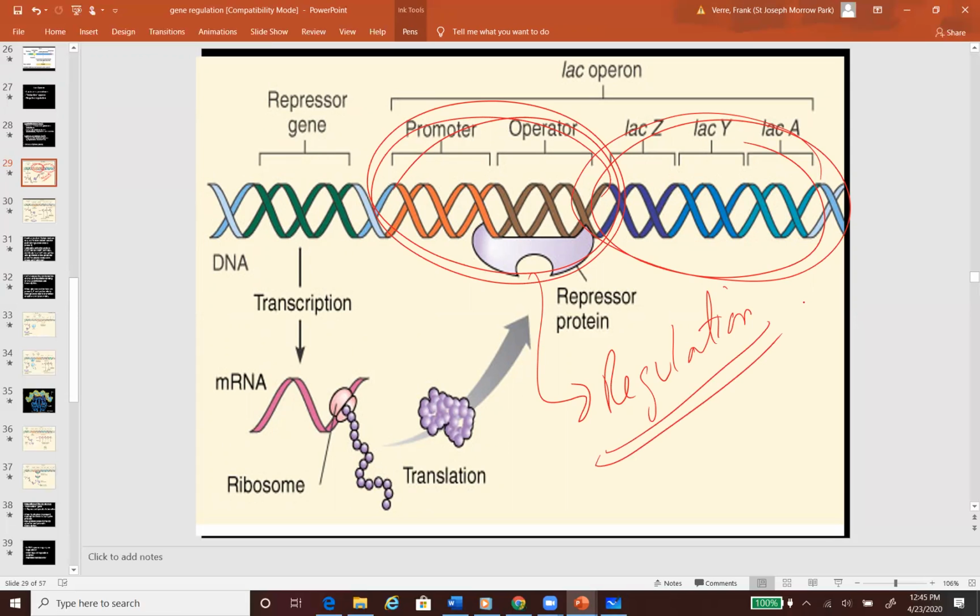So mistakes here, if you remember from last time, don't affect the protein, but they can affect the regulation of the protein, whether or not the protein gets turned on or off, or how much.